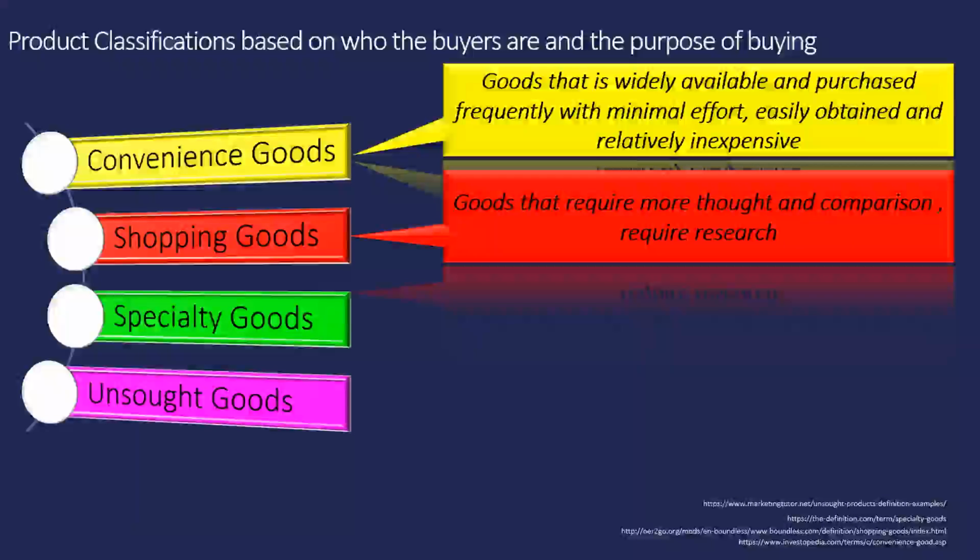How about the shopping goods? Shopping goods are goods that require more thought and comparison. Sometimes they also require research. Well, what are they actually? Just try to imagine the stuff that when you want to shop for it, you will need to think about it.